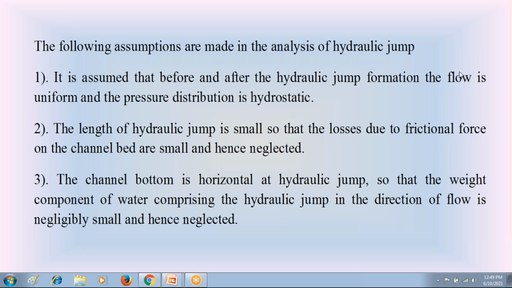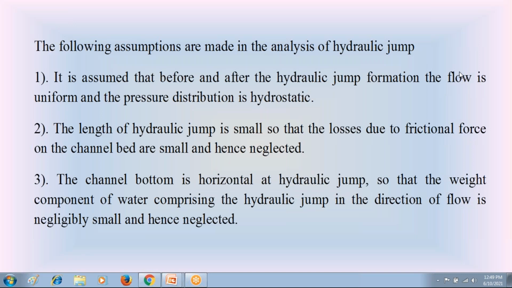Whereas after the hydraulic jump, we have W sin theta. Before the hydraulic jump, we may have W sin theta, but at the location of the hydraulic jump, a small length of hydraulic jump, we assume the channel bottom is horizontal. So there is no W sin theta component in that length of the hydraulic jump. Once the channel bottom is horizontal, theta is 0, so W sin theta becomes 0.